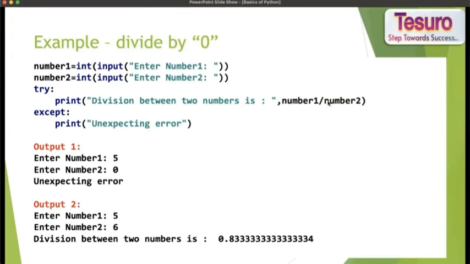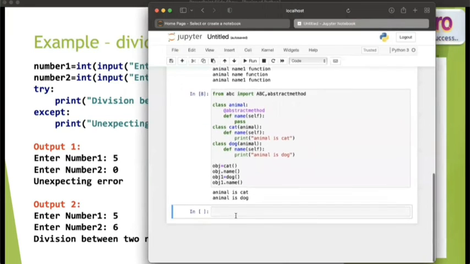So I am checking if number1 divided by number2 must give a finite result. If in case, unfortunately, you give number2 as zero, it should be infinite, and instead of printing the value, it goes to the except block and gives the result of an unexpected error. Okay, we will see how it happens.